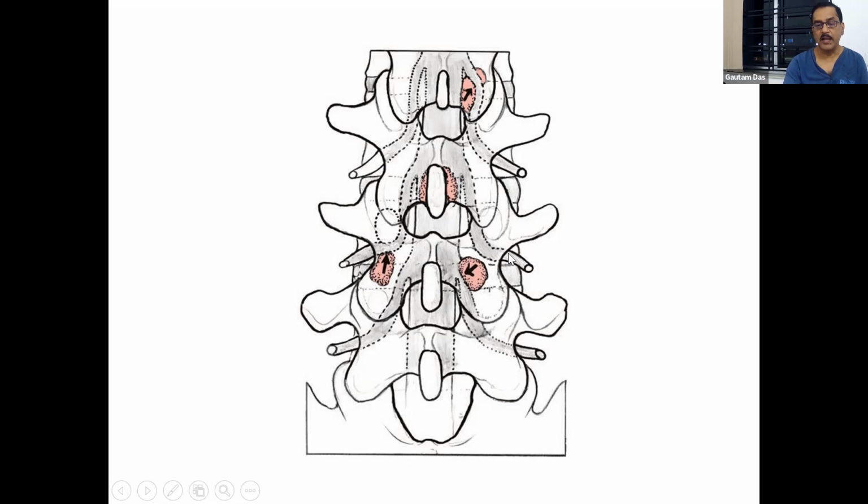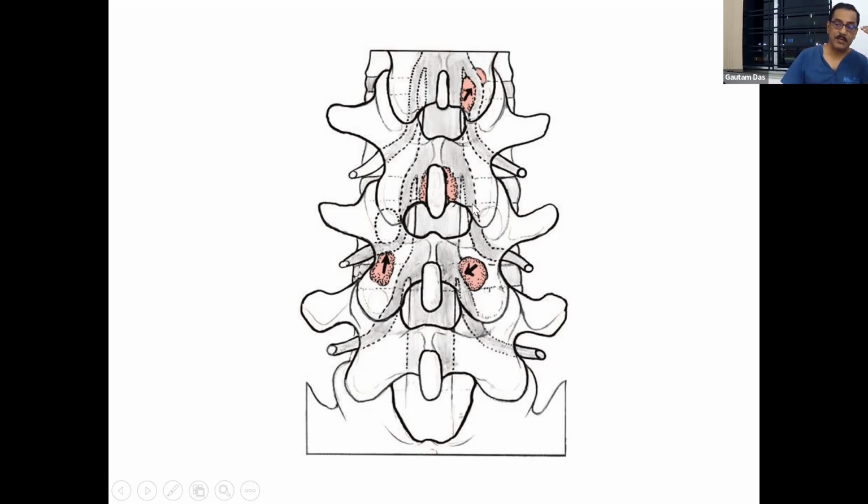At this foraminal level, or at this disc level, which nerve root is traversing? It is the L5 nerve root. So the L5 nerve root is traversing here. It is coming close to the foramen, and then it will be exiting out. So the L4 nerve root is exiting through the L4-5 foramen, and it is traversing at the level of L3-4.